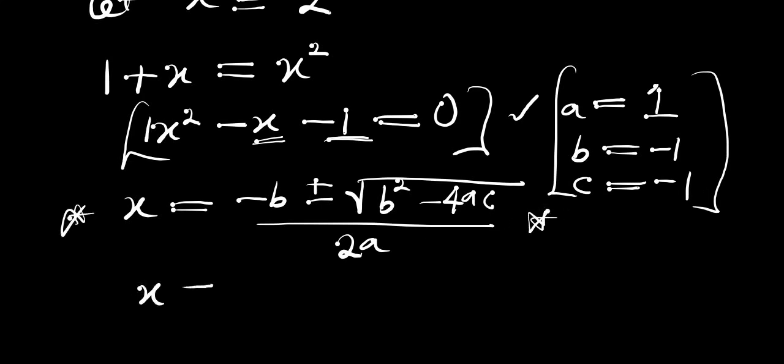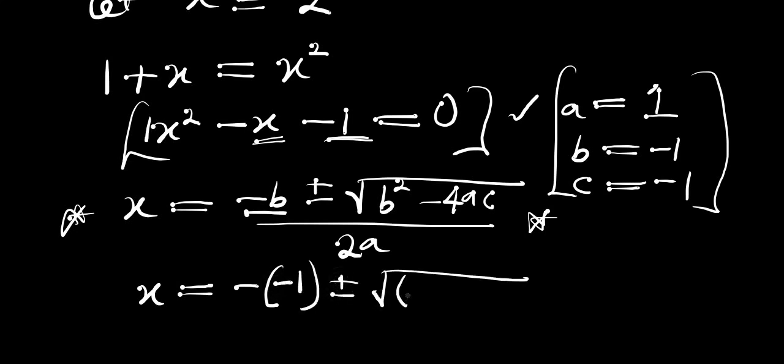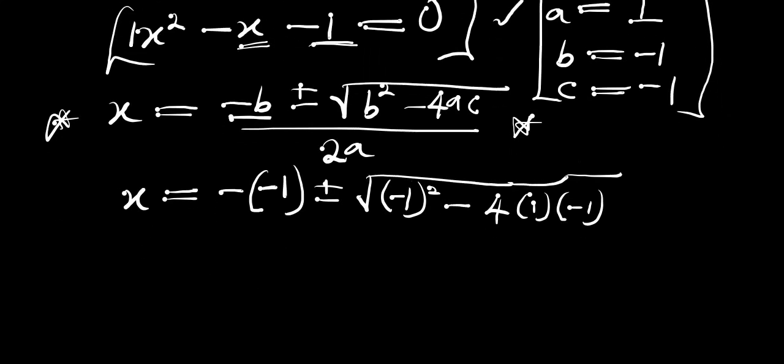So we are going to have x equals negative b. We are going to have negative into, we have negative 1. We have plus or minus square root of this. We are going to have negative 1 power 2, minus 4 into a, that is 1, and we have times negative 1. And all this, we are going to divide everything by 2 times 1, that is 2.